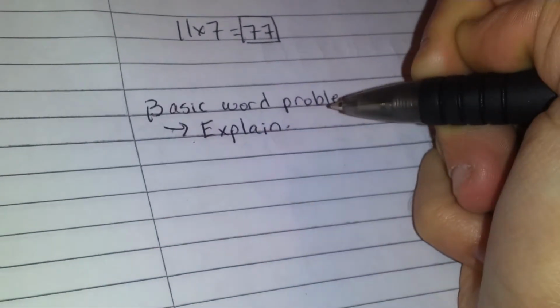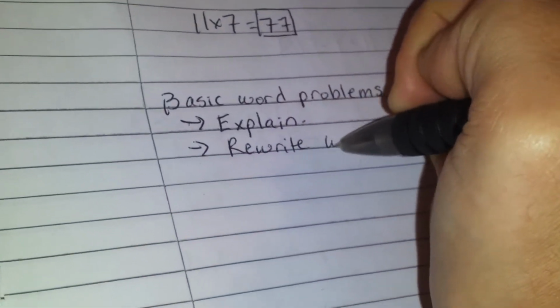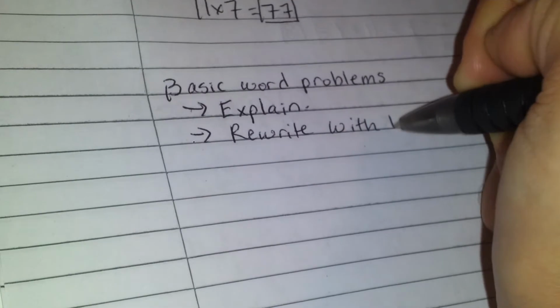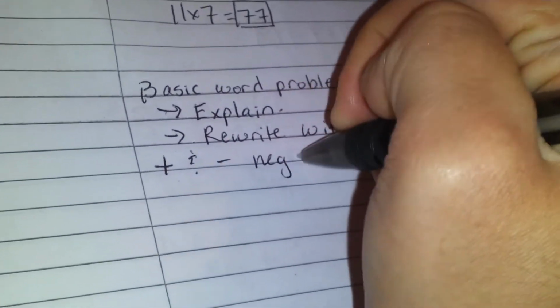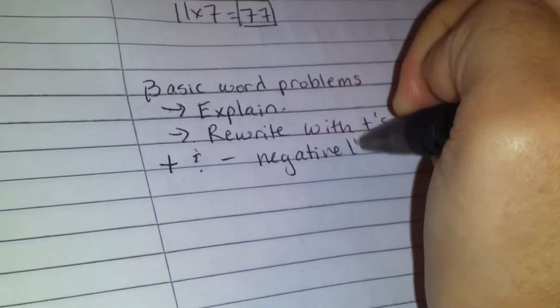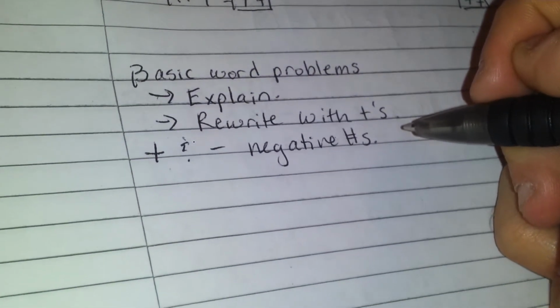You may see one with loans, but even then, you can rewrite it with positive numbers. That should make it a lot easier. Then you'll have to be able to solve basic problems with adding and subtracting negative numbers. You're not going to see anything bigger than 20.